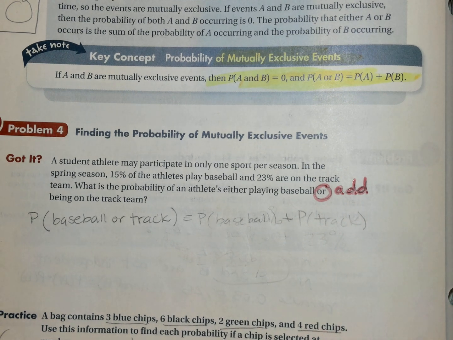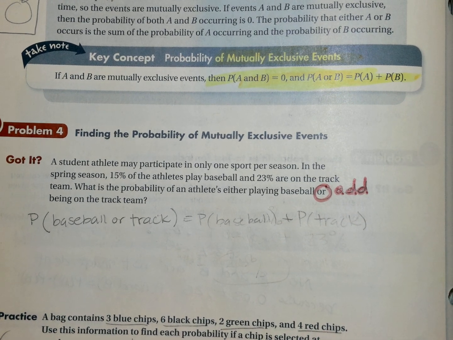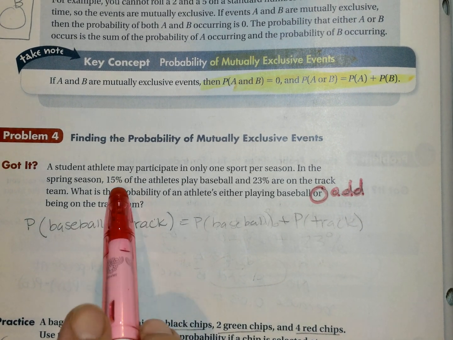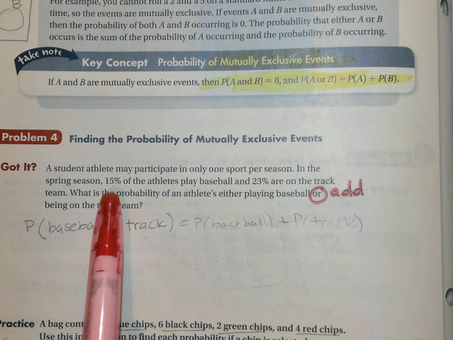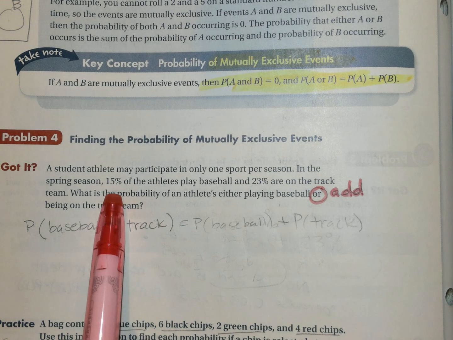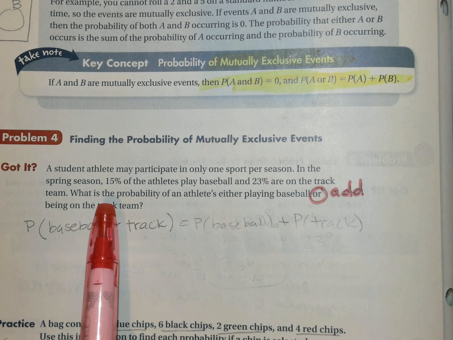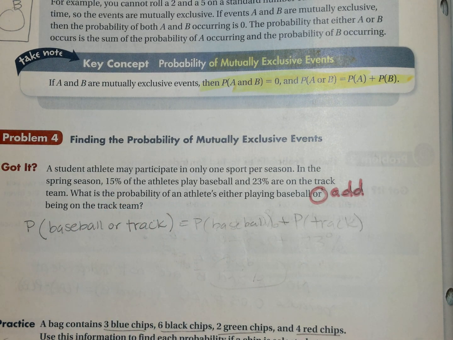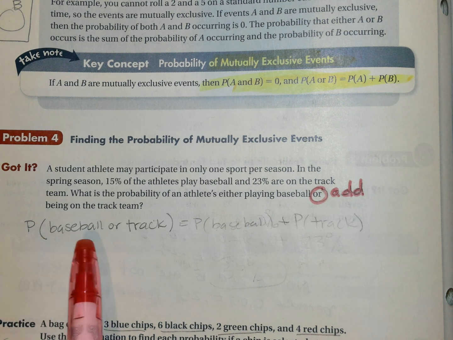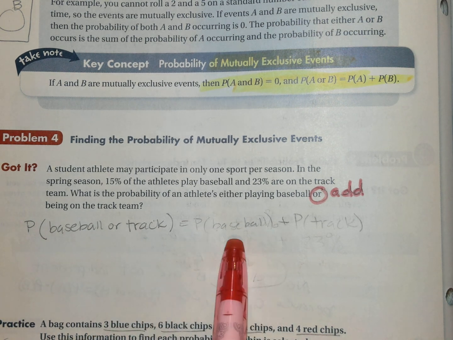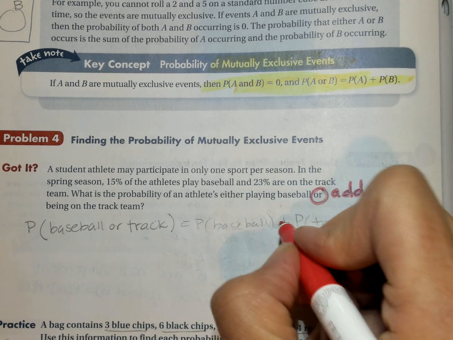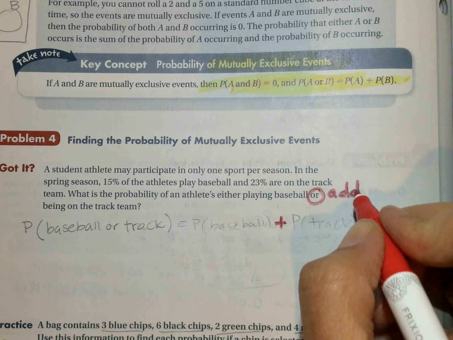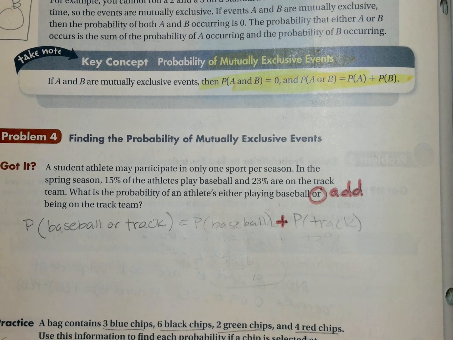You add the separate probabilities. Sometimes you have to calculate it, but in this case, they just gave it to you. We're not always seeing probabilities as a percent, but we can. So the probability of being on baseball or track is the probability of baseball plus the probability of a student being on track.